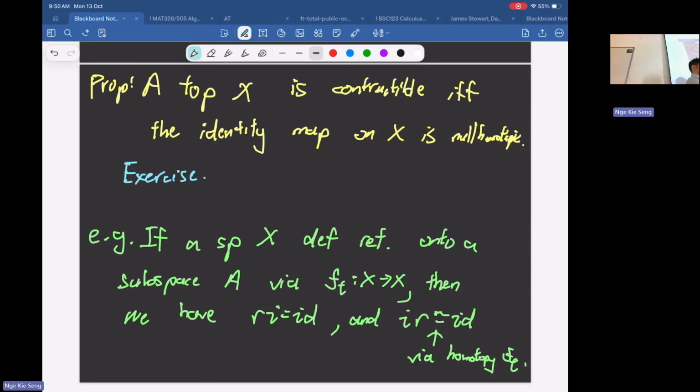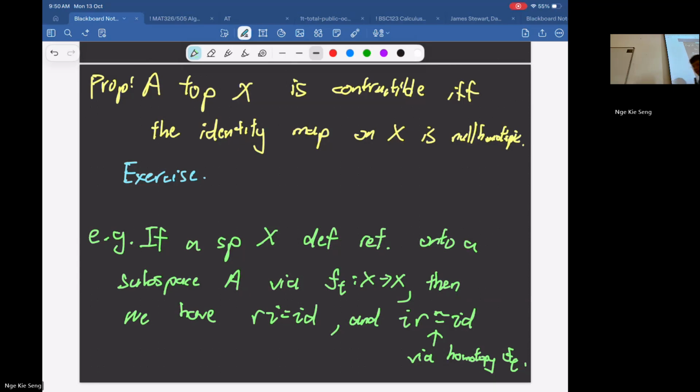Does it make sense? Last time I gave you an analogy of tables: one side is a map, the other side is another map, and you think of the homotopy as connecting these two maps.